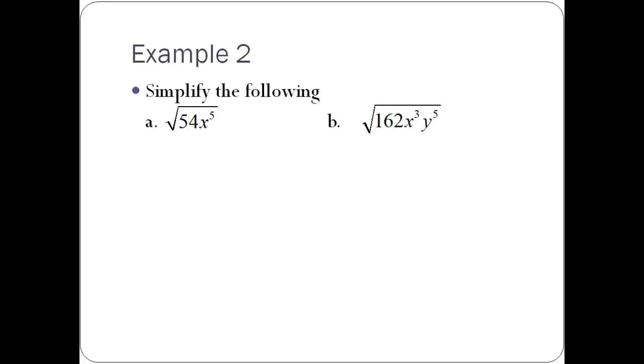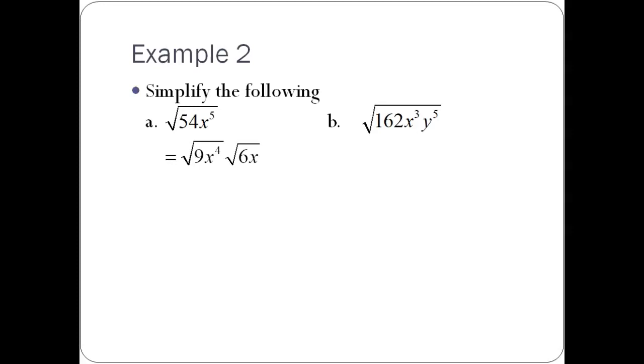Again, remember that when it comes to exponents, anytime you have an even exponent, that's going to be a perfect square. So in this case, x to the fourth is a perfect square. So now I can write the square root of 9x to the fourth all under that first square root.